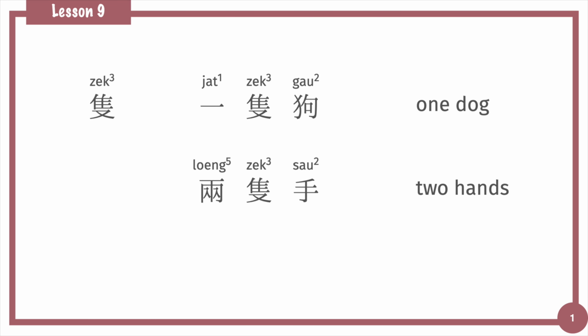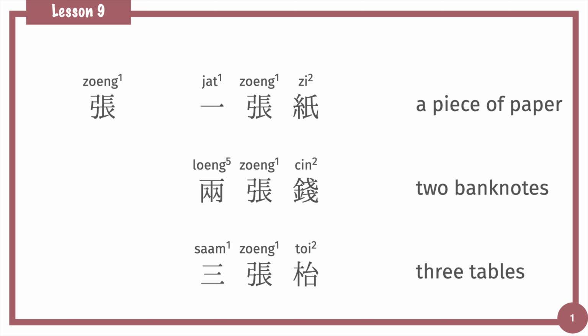Dog is an animal. 兩隻手, two hands. Normally, we will have a pair of hands. One hand is 一隻手. 張 used for counting paper or things with flat surface, like 一張紙, one paper, 兩張錢, two banknotes, 三張枱, three tables.